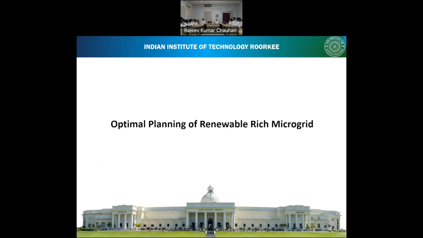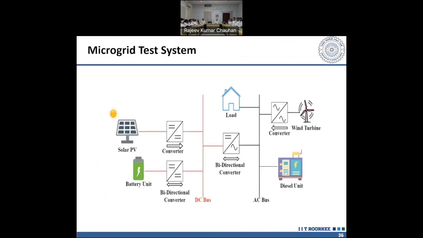Whenever you are using renewables, normally we will also have the battery. So what should be the sizing? Suppose we take this area, this is my load, and we simply have the AC, we have the solar, battery, we have the wind also, and some diesel unit.